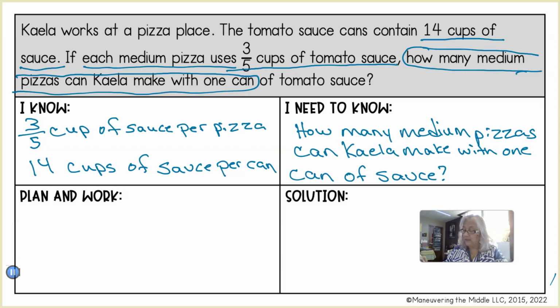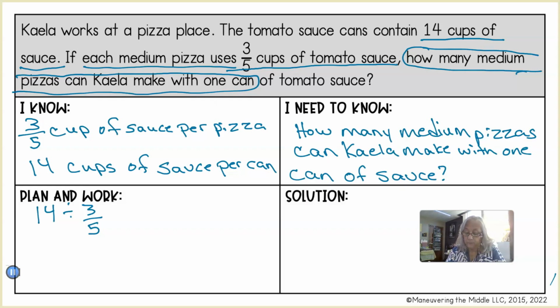Just like before when we asked those questions, how many 1/4 are in 2, or excuse me, how many 2s are in 3/4. So what we're doing here, boys and girls, is we're dividing. So we're going to divide 14 divided by 3/5. That's what we're working on, okay?